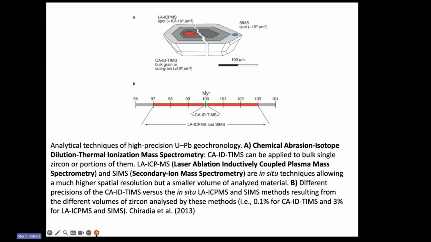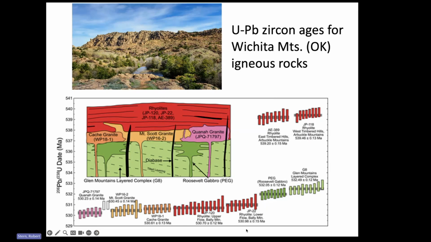All right, so just an example, this is the Wichita igneous rocks in southwestern Oklahoma. This is the stratigraphy, and what we've got here, rhyolites on top of granites, on top of gabbros, and these are the ages of the granites. And the granites are 530, 530, 530, 530, maybe 531, and the gabbros 532, 532.